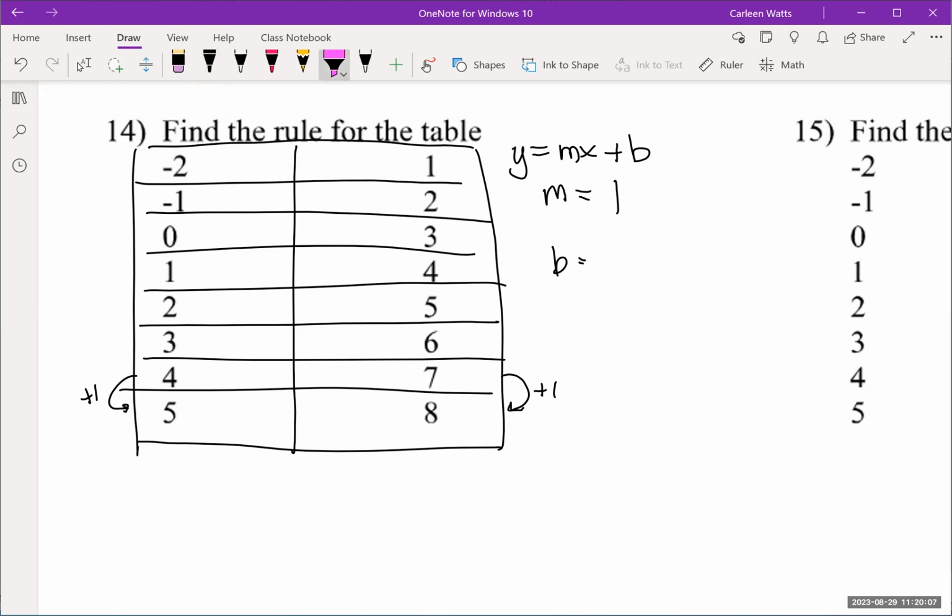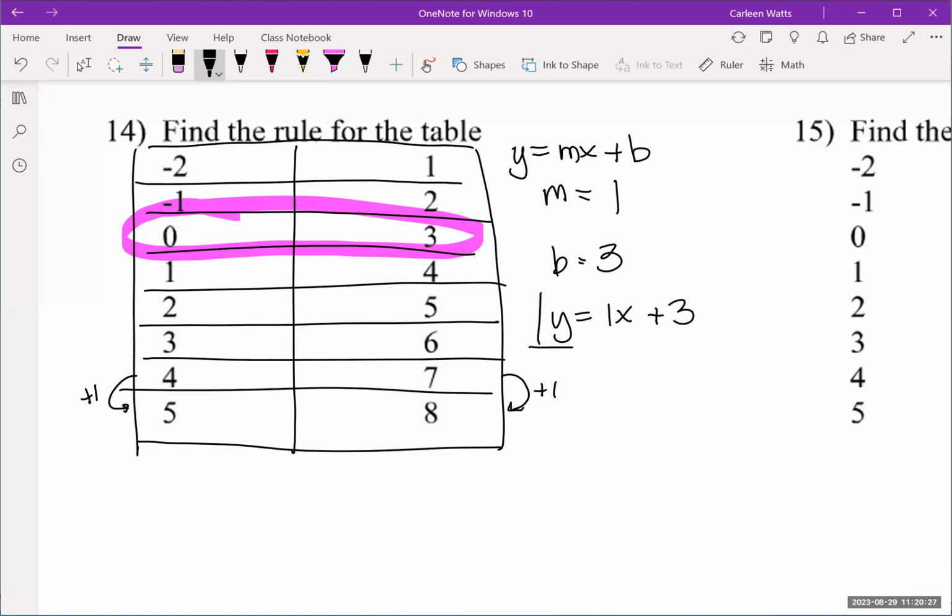Right there. B is the Y value when X equals 0. So B is 3. Okay, so Y equals MX plus B.